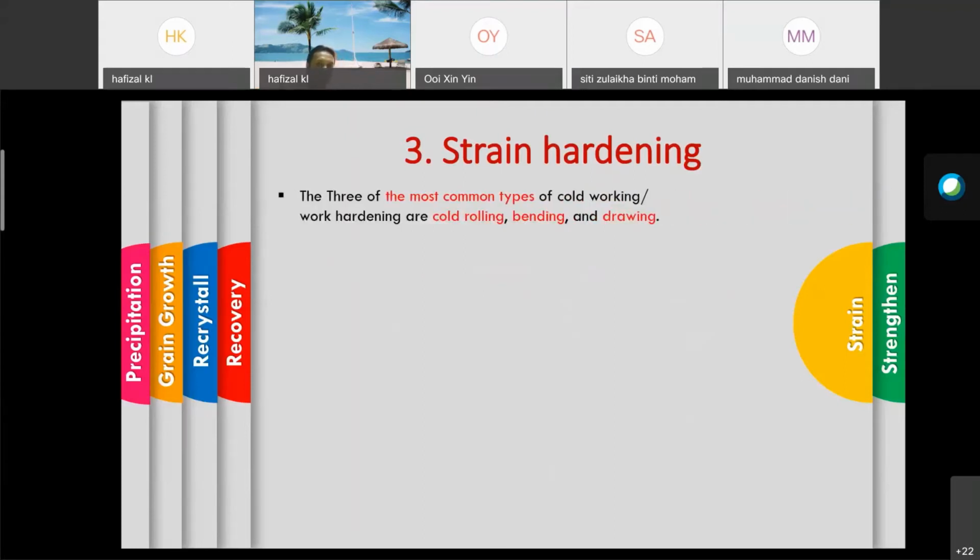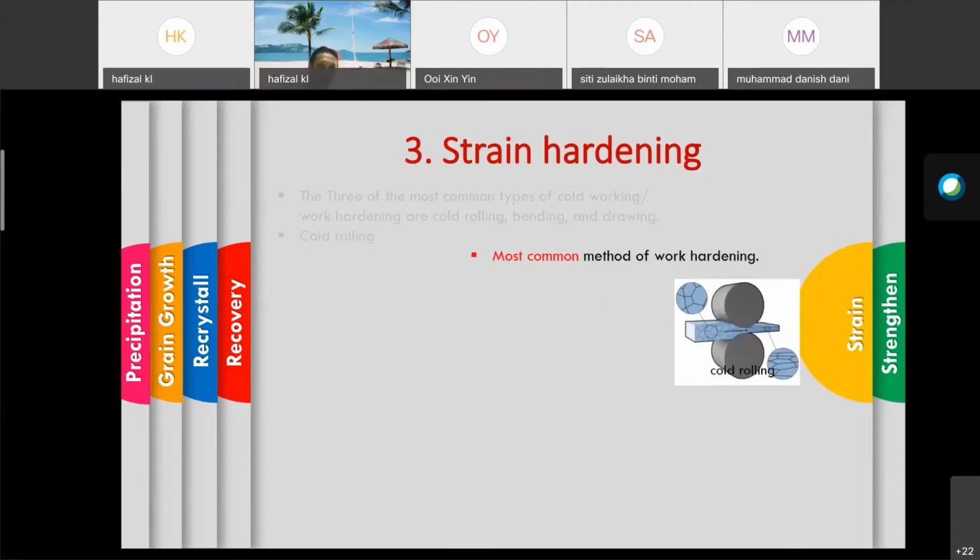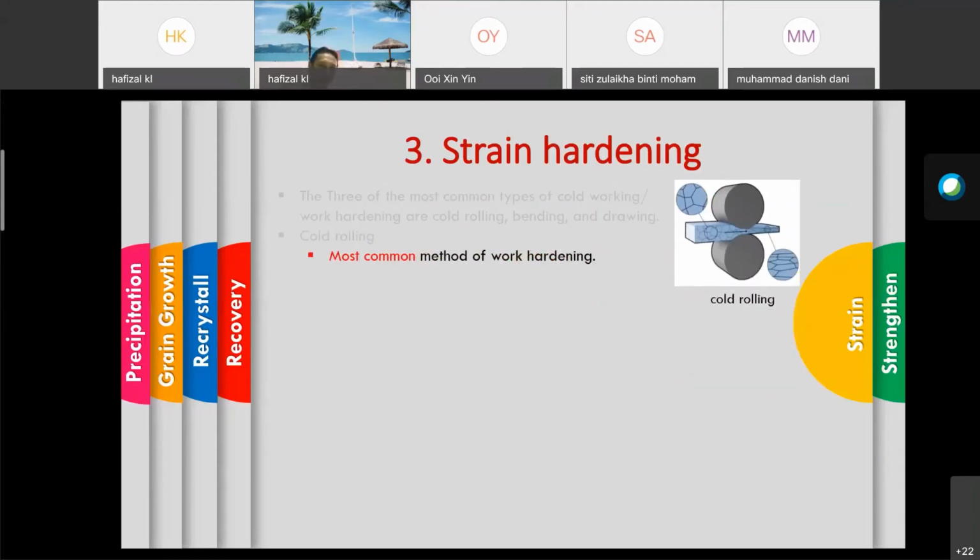The three most common types of cold working, basically for hardening, are cold rolling, bending, and drawing. Cold rolling basically uses a machine, and this is the most common method of work hardening or cold working process.